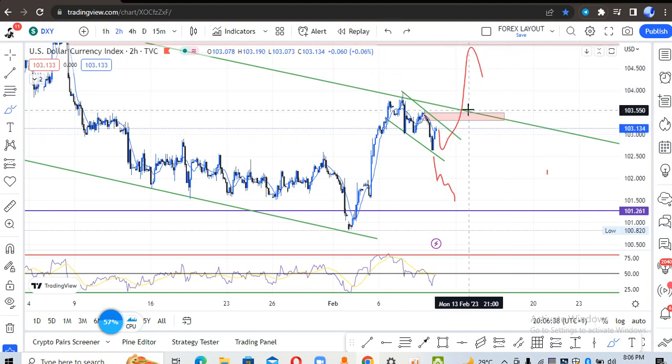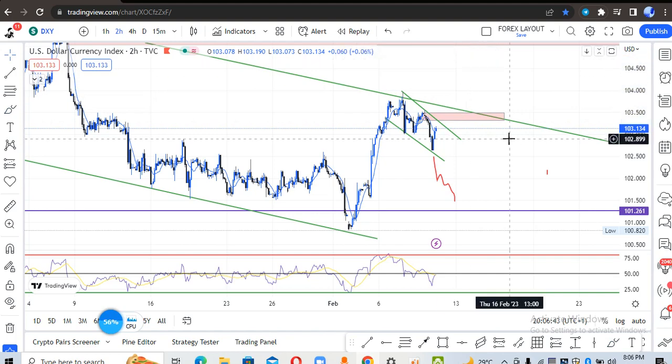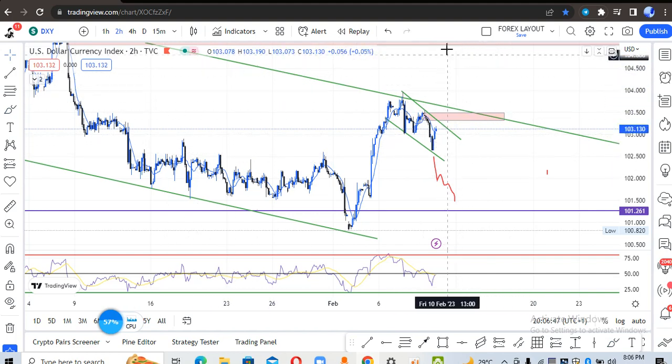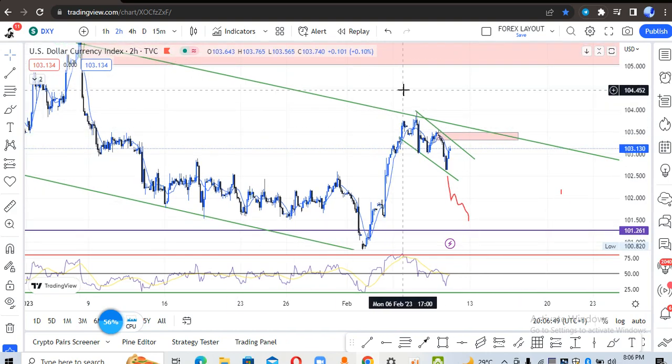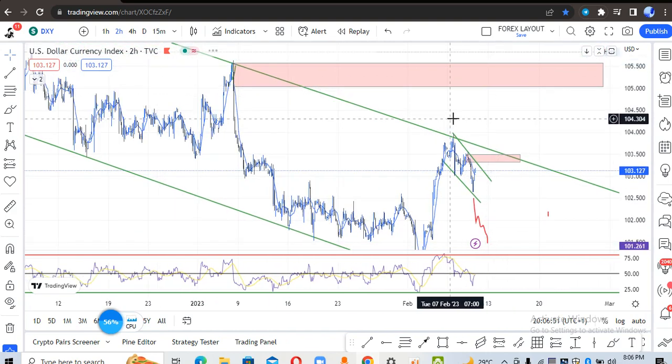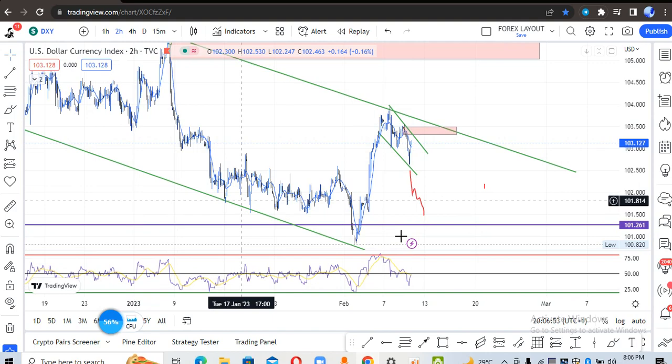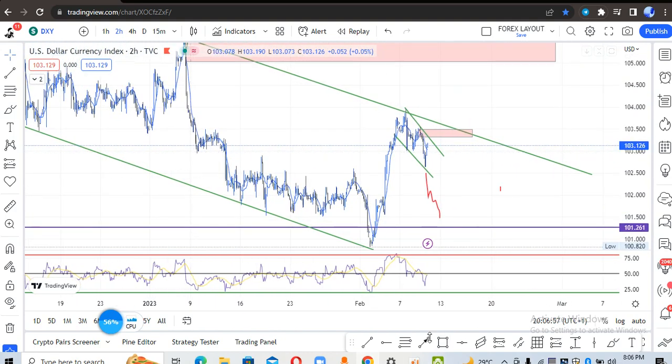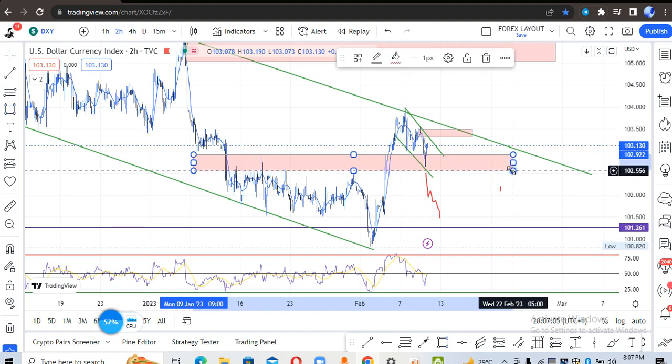If that happens, it simply means that GBP USD and Bitcoin are going to go back down a little bit. Another reason why I think DXY is going to push upwards to this level is because in this area we have a key zone.